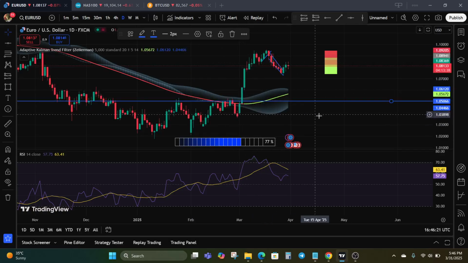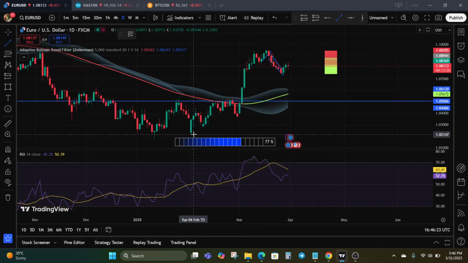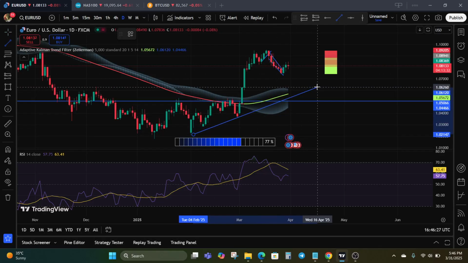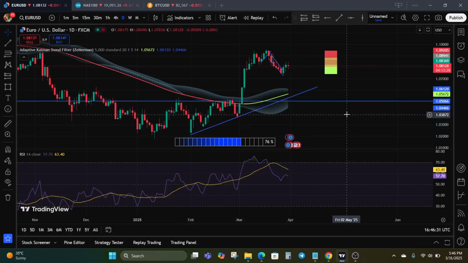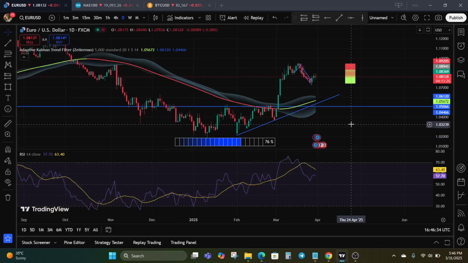So when you use support and resistance zones, it even adds to the validity of your signals. It helps confirm the signals given to you by the Adaptive Kalman Trend Filter indicator. So it's always important to get your confirmations right.